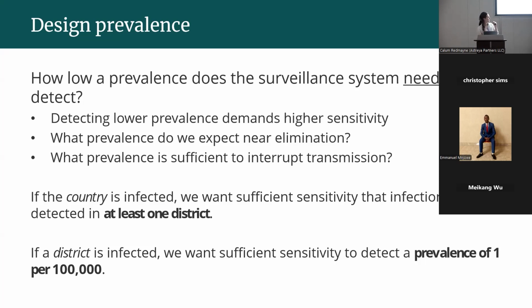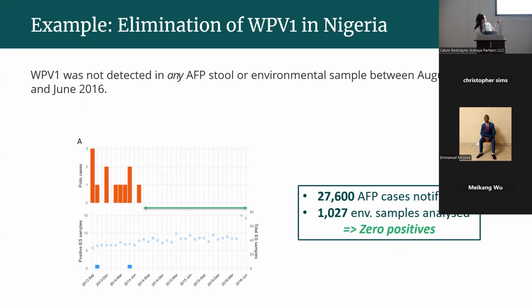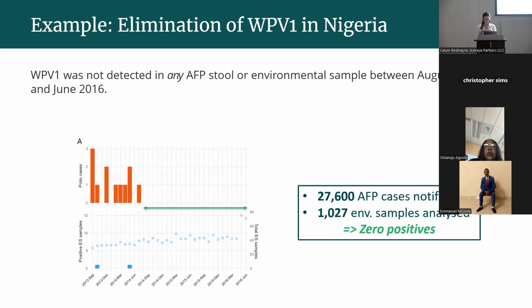So to explore whether this approach yields sensible conclusions, we used a retrospective example of the elimination of wild poliovirus type 1 in Nigeria. Here we have an interesting case where between the years of 2014 and 2016, there was a complete absence of detected infection, either through AFP surveillance or environmental surveillance, despite the fact that there were 27,000 notified AFP cases during this period and over 1,000 environmental samples.